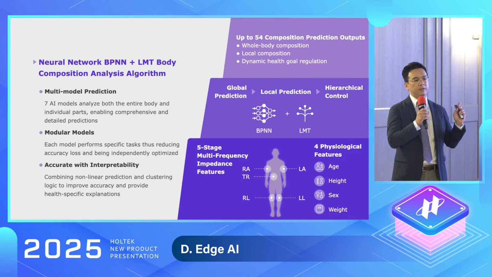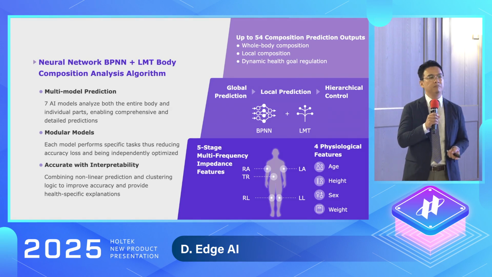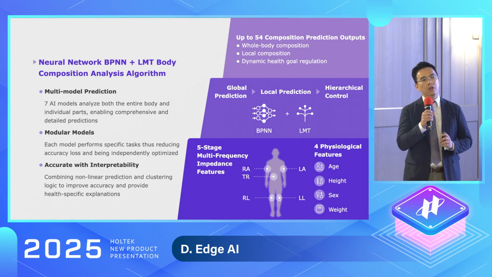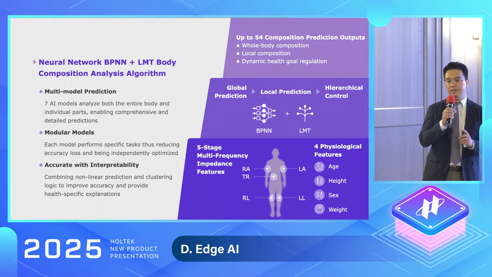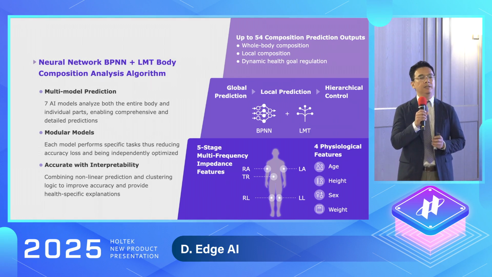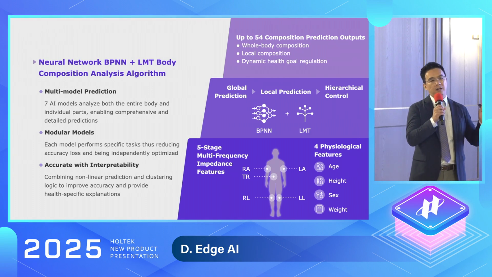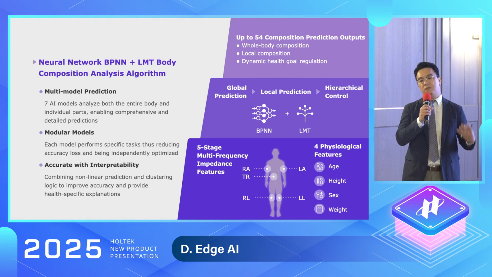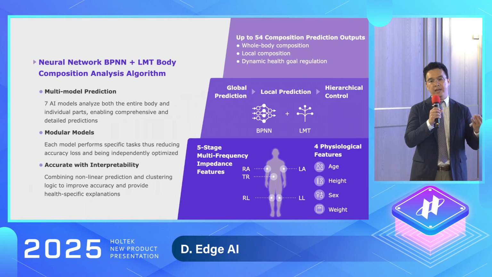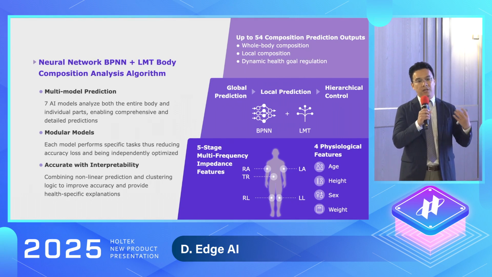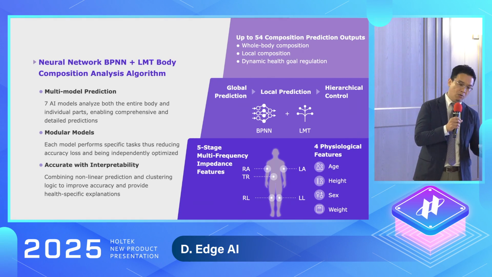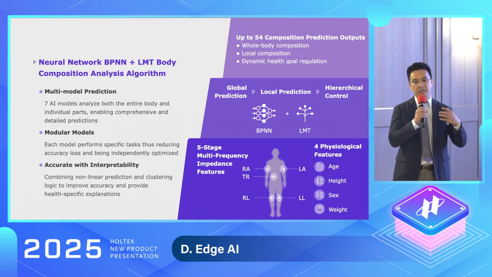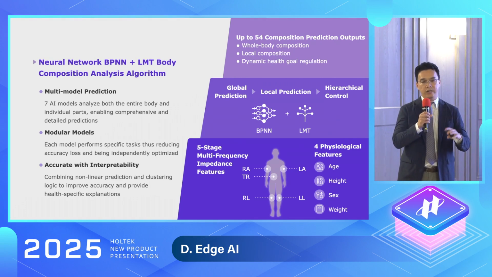Because this one is both level, it requires more AI models. Totally, we use 7 AI models, including 6 BPNN and 1 LOMT. The 6 BPNN are used to collect everything from different parts of your body, and then send your data to the LOMT AI model to determine, for example, whether your body weight is overweight, underweight, or within a standard range.